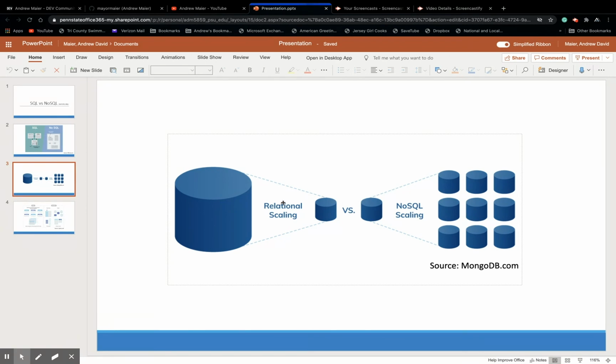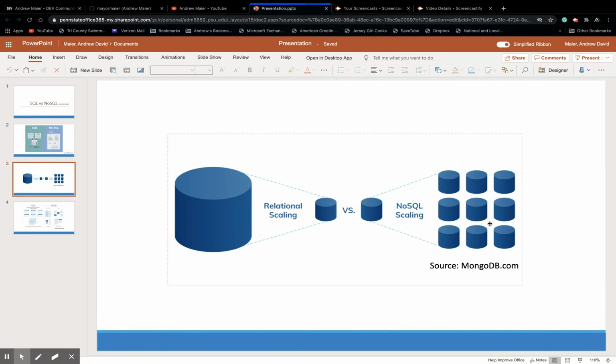There's one node to that, versus NoSQL scaling. You're able to scale horizontally and continue to add nodes to your system, so that as your data set grows, you just continue to add more machines, and you're able to expand that way.